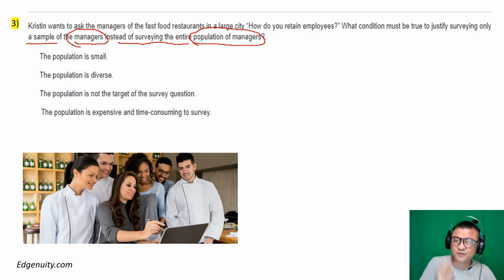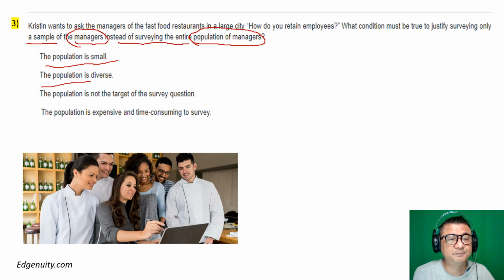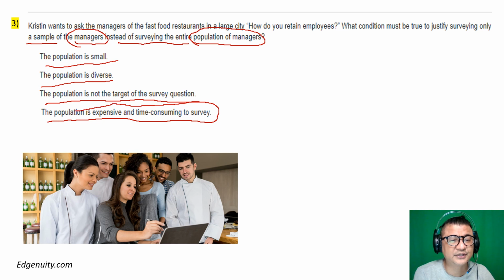Why only a sample of managers, not all of them? Because the population is small? No. Because the population is diverse? The population is not the target of the survey question. The population is expensive and time consuming to survey. All right. You cannot ask all of the managers all over the country. It's expensive to go to them and ask all of them. So that's the correct answer.